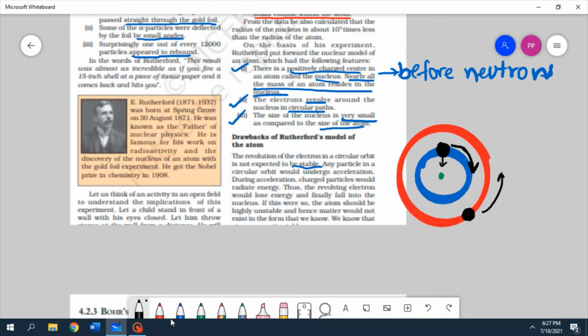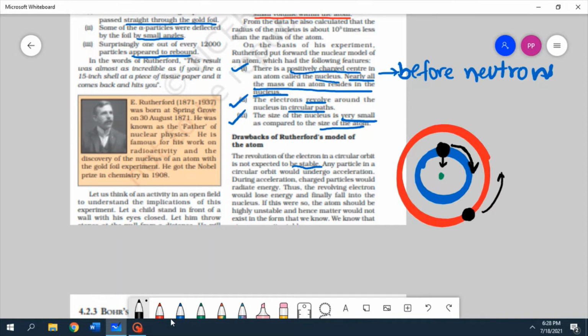How come they're still able to move around the nucleus in the same orbit, in the same circular path, when there is a change in energy, right? That's what they said, because if the electron fell into the nucleus, that would make the atom unstable, right?